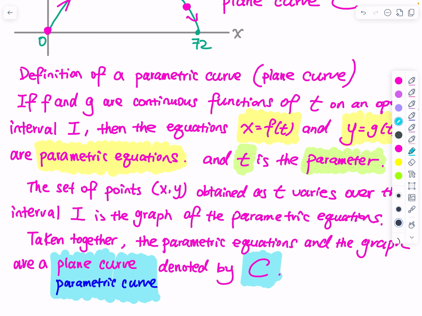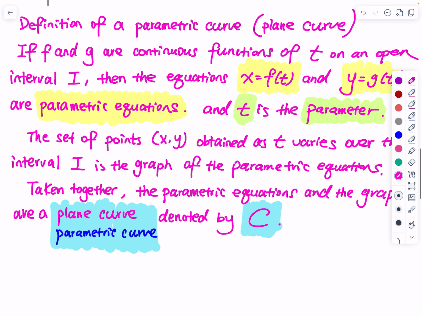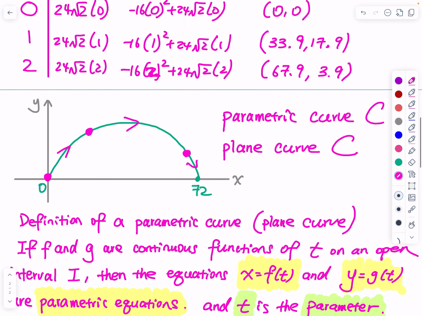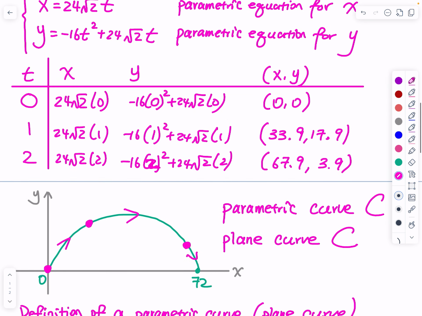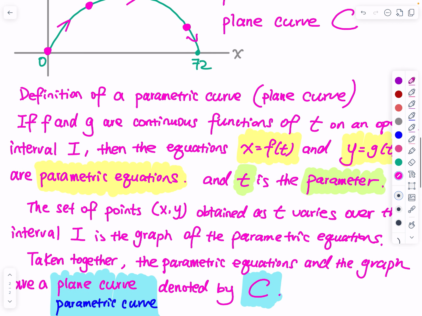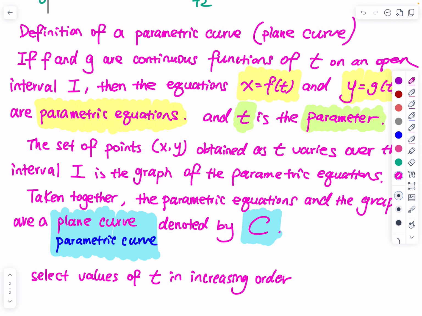Okay, so let's do a short summary. So what do we have to do? We have a set of parametric equations, and then I will select values of t in increasing order. This t must be in increasing order. So I go from 0, 1, 2, not 2, 1, 0. That is because we need that to see the orientation.